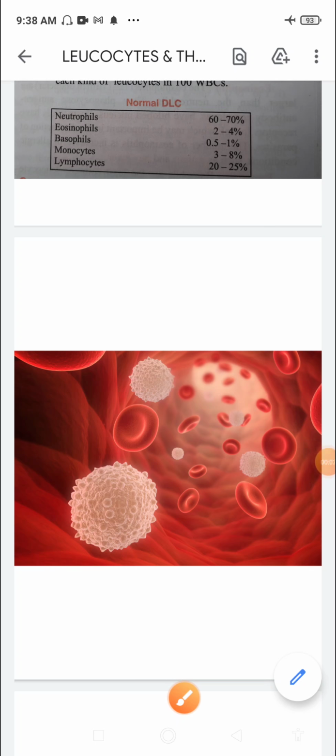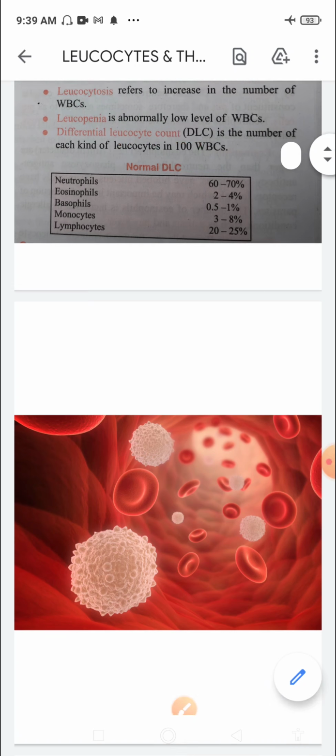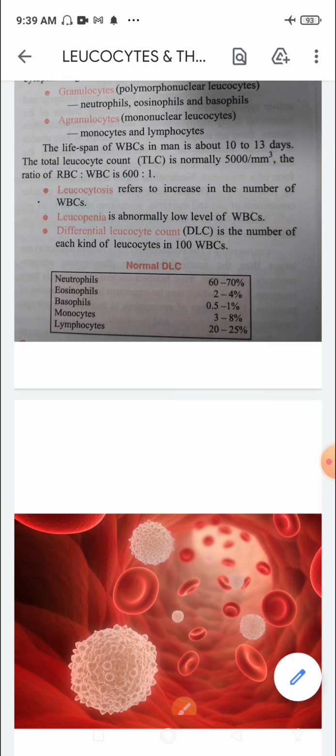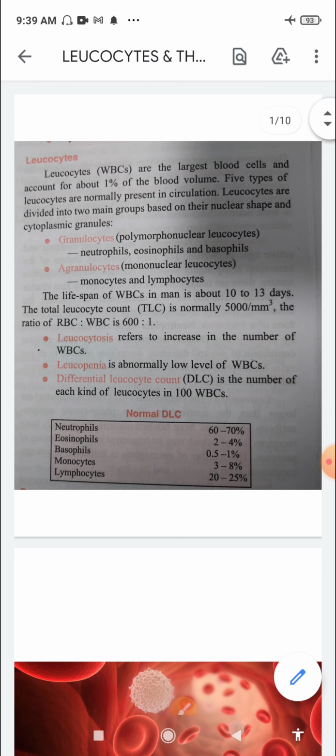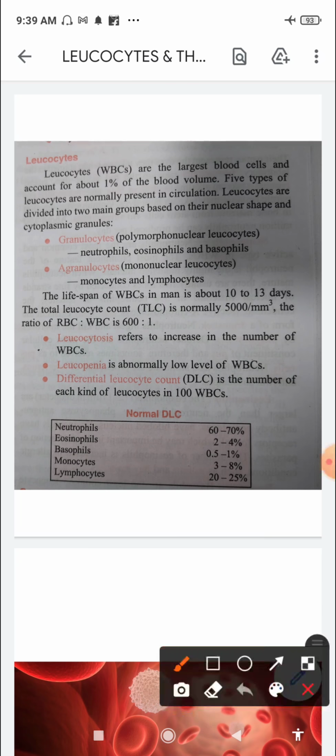So children, we were talking about the leukocytes, and in the previous video we discussed the TLC and the DLC. As discussed earlier, granulocytes are of three types: the neutrophils, eosinophils and basophils.